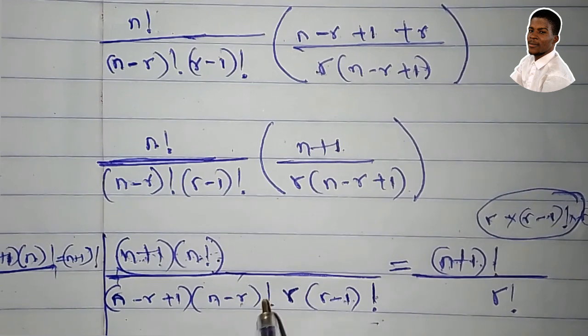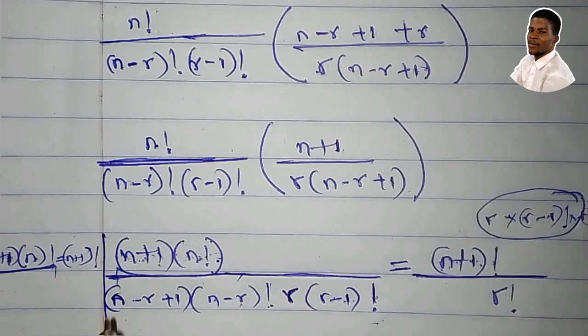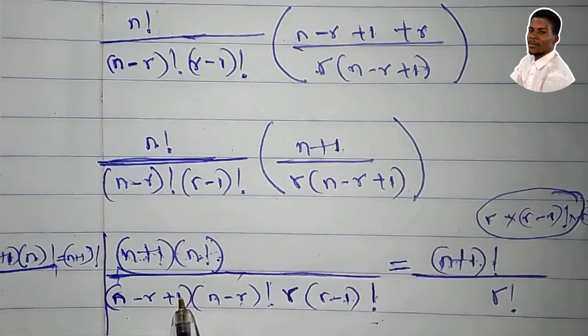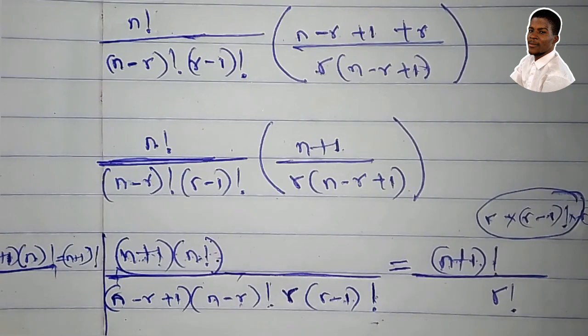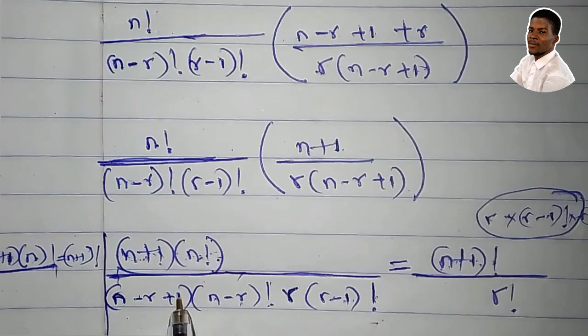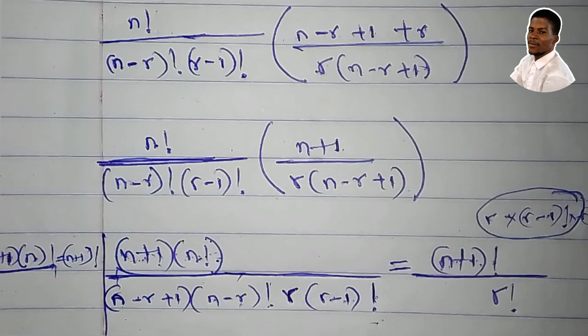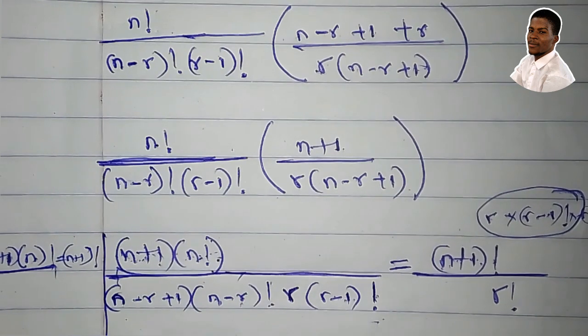What about this? n minus r factorial is a factor of n minus r plus 1 factorial. Here it is n minus r plus 1. But I am saying that n minus r factorial is a factor of n minus r plus 1 factorial.